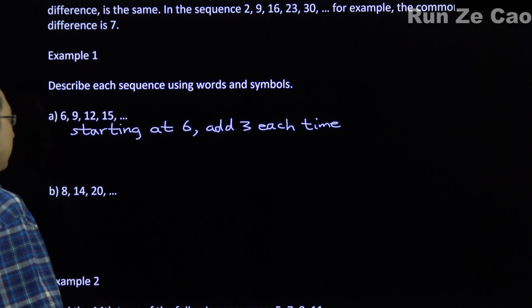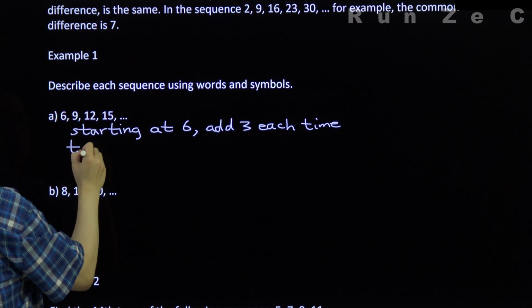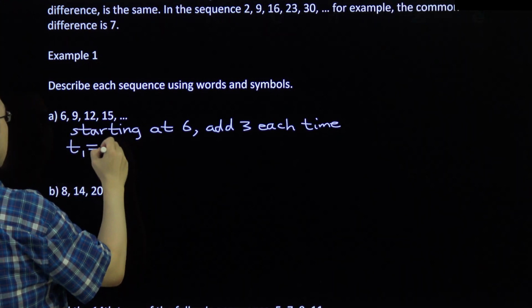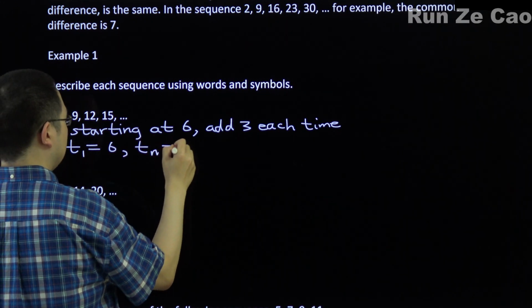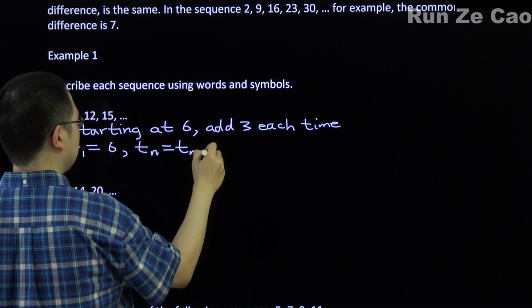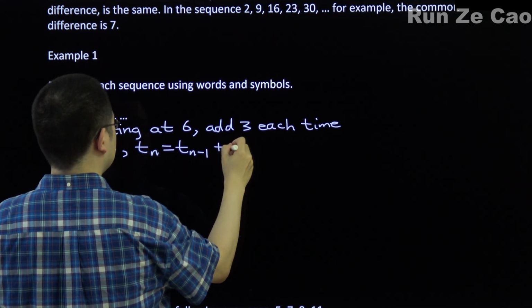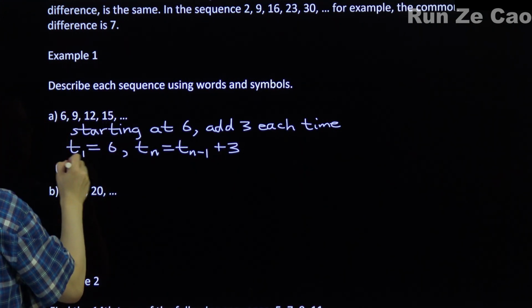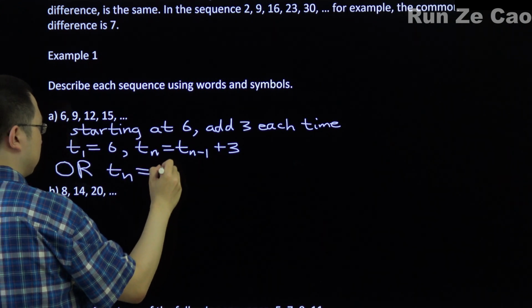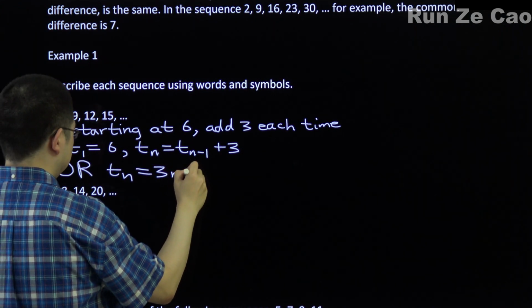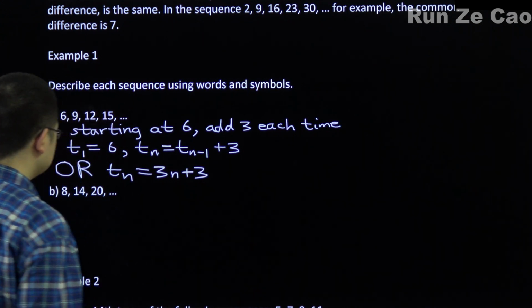Or in symbols, you can go term 1 is equal to 6, term n is equal to term n minus 1 plus 3. Or you can go term n is equal to 3n plus 3.